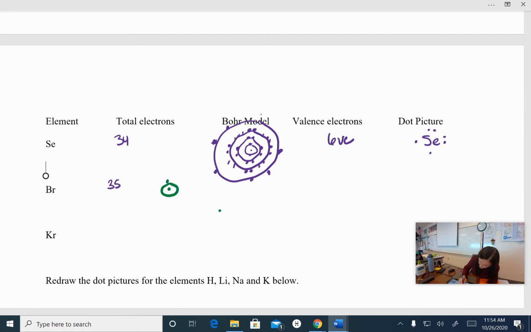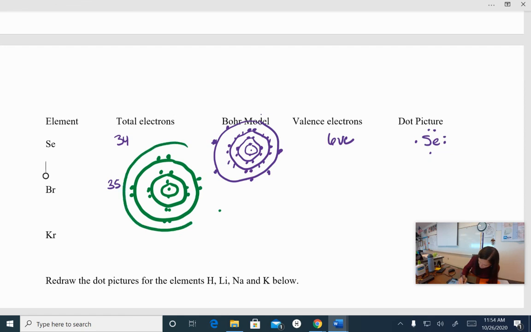Oh my gosh, this is too thick. First level, second level, third level, fourth level, and then the 10 transition metals, 1, 2, 3, 4, 5, 6, 7, 8, 9, 10.